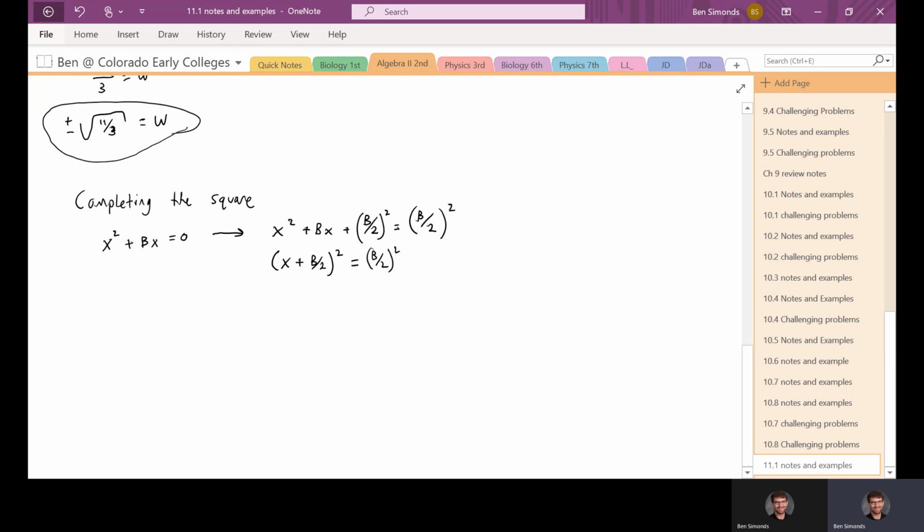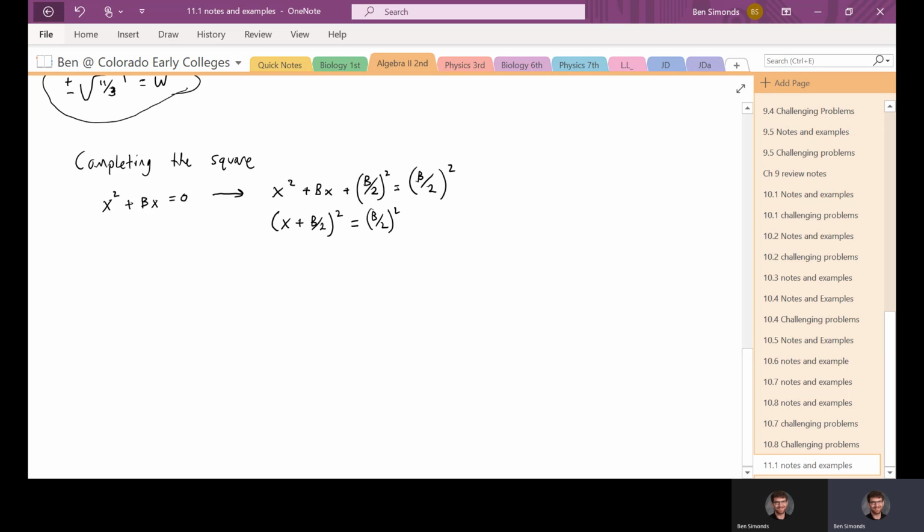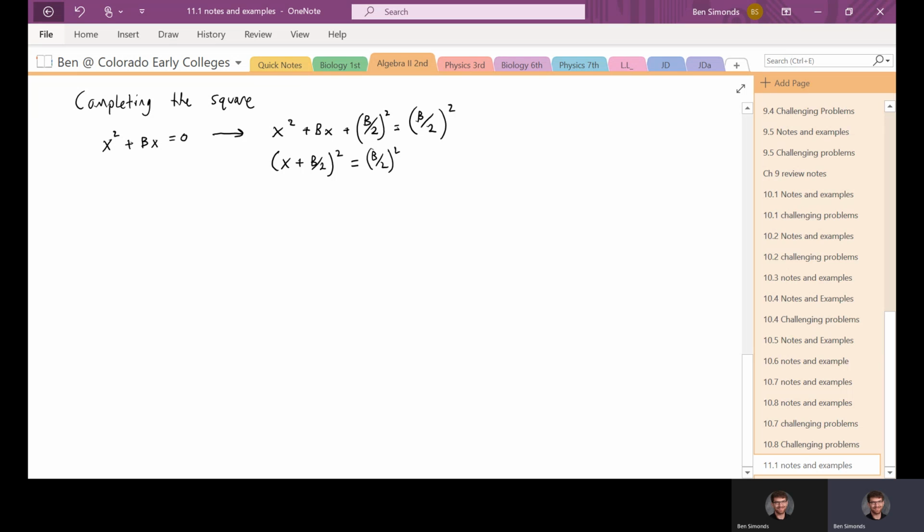Why don't we look at an example? I think an example is going to be a much better way to explain this completing the square technique. So number 21 says x squared minus 6x, and we need to complete the square.